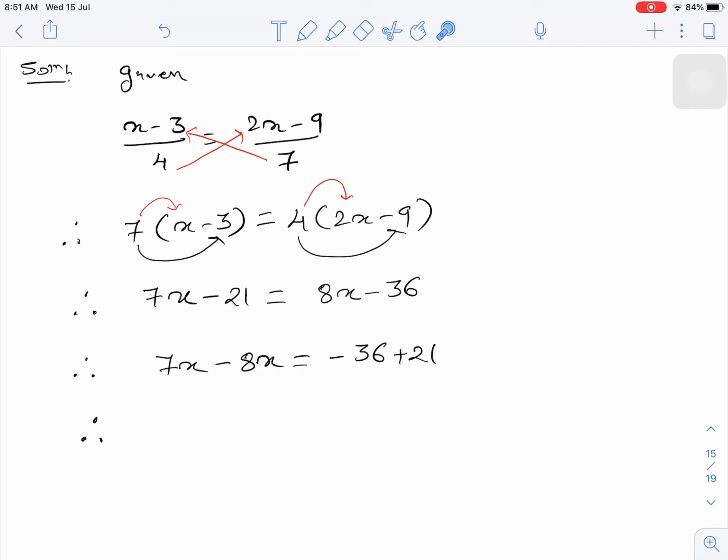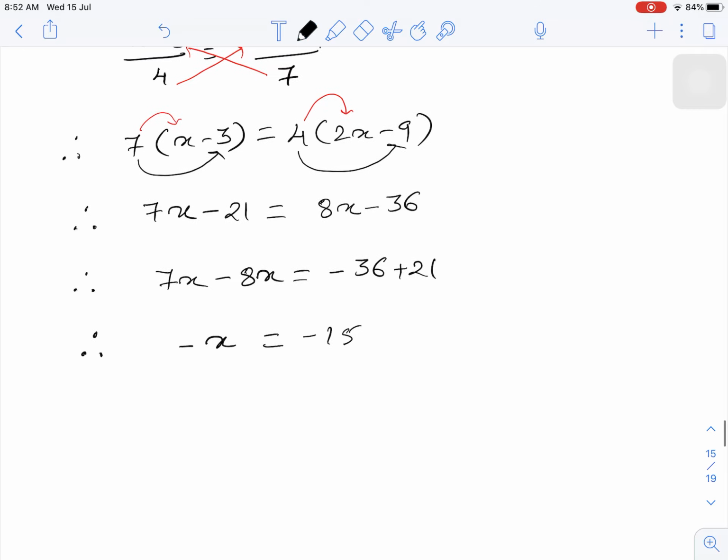Therefore now these both are like terms with opposite sign, so we have to do their subtraction. So 8 minus 7 will be 1x, we simply write it as x. Now these both are having opposite sign, so we will do subtraction. 36 minus 21 will be 15, and sign of greater number here is minus, and even here it is minus, so you will get minus x equals minus 15.